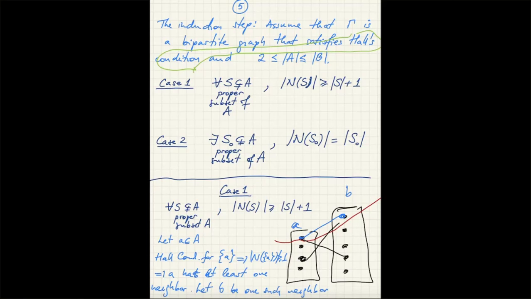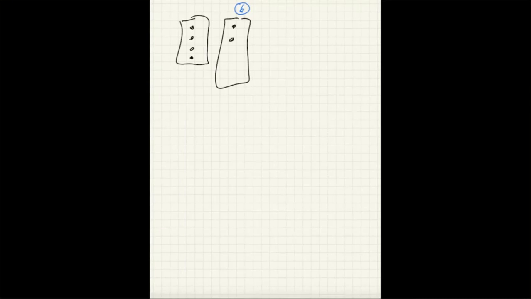So let's just write it down. As before, you have these vertices on this side. Let's say we have these vertices on this other side.